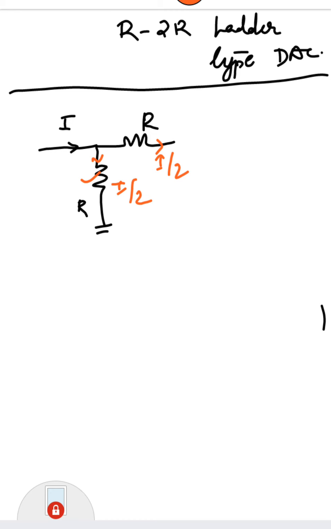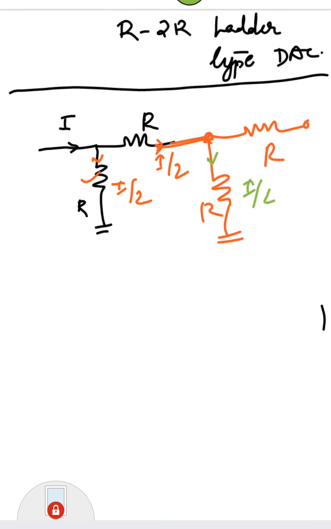Assume that this I by 2 current comes here, and again there are 2 resistors of equal value R and R. Now the current flowing through this branch will be I by 4 and this will be I by 4. So this is the major principle behind the R2R ladder network.